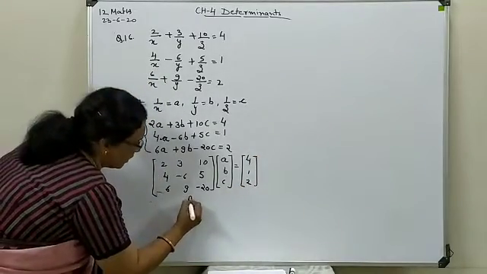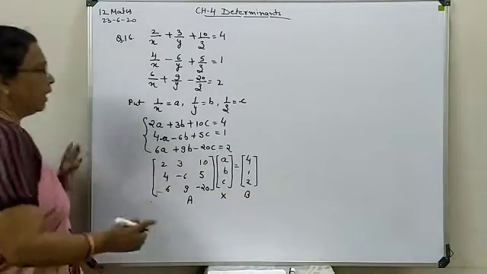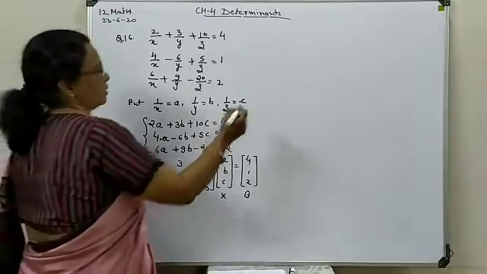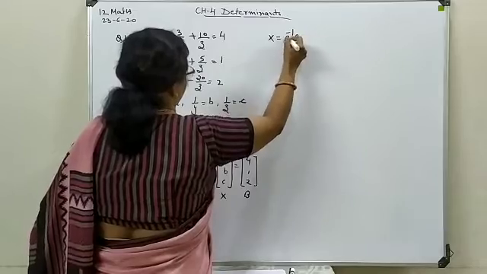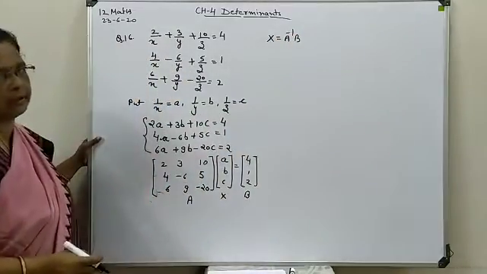This is to be treated as A, this as X and this as B. Now everybody is clear about how to find the solution for X. So here you will implement the formula X equals A inverse B.